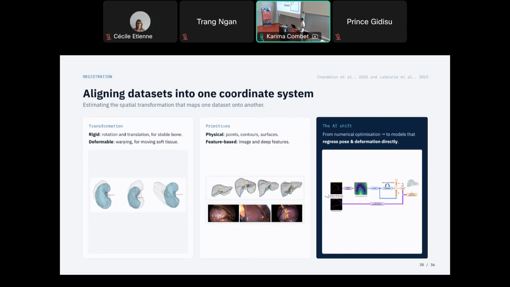And I just repeat, but primitives are data we can match between modalities to recover a pose, deformation, and so on. The goal of all of these steps is just to bring all this heterogeneous data in a single reference frame. And that's it for making a digital twin.